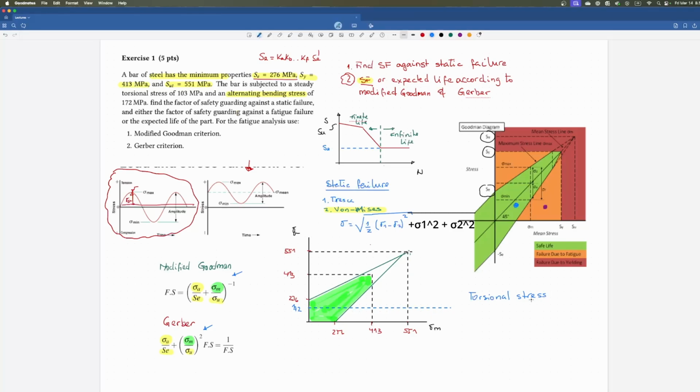Well, not torsional stress, but in the elemental stresses that we have seen, for example, if I have a bar like this, and this bar is subjected to a bending or alternating bending stress and a torsion here.